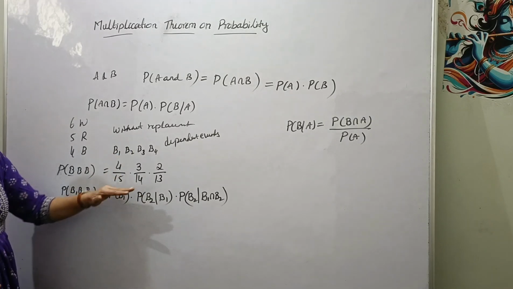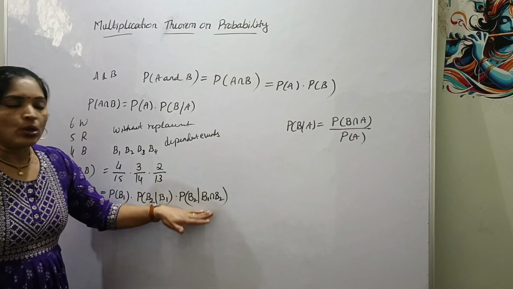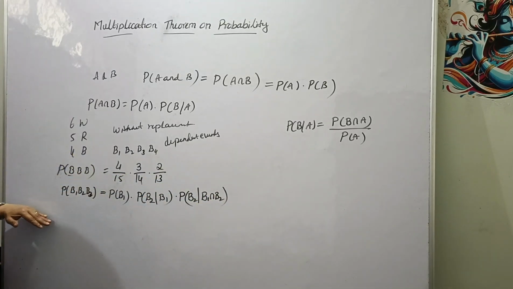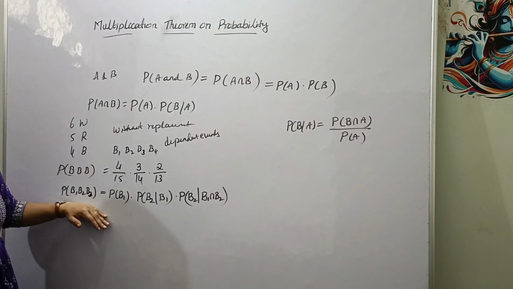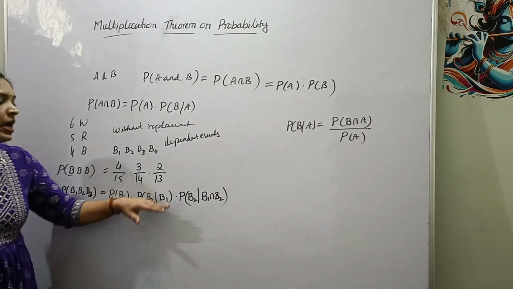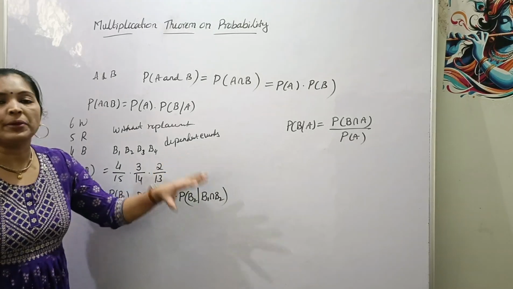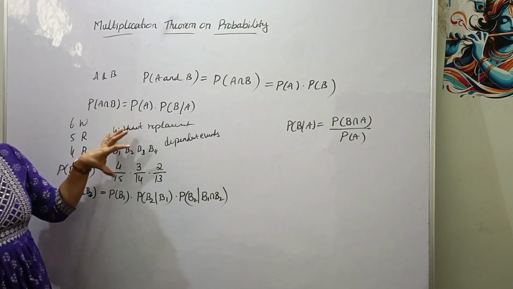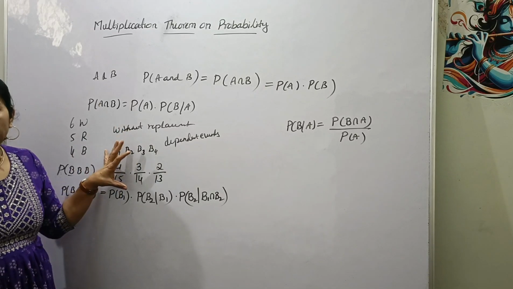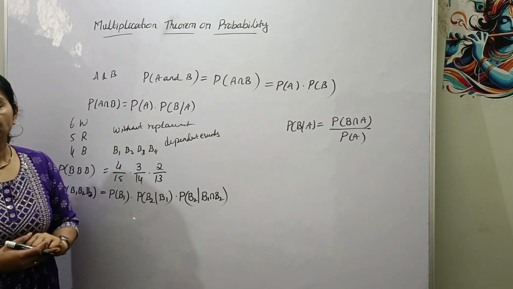Therefore, the probability of 3 black balls being drawn is equal to probability of B1 into probability of B2 given B1 into probability of B3 given B1 intersection B2. This is for dependent events, that is, without replacement.